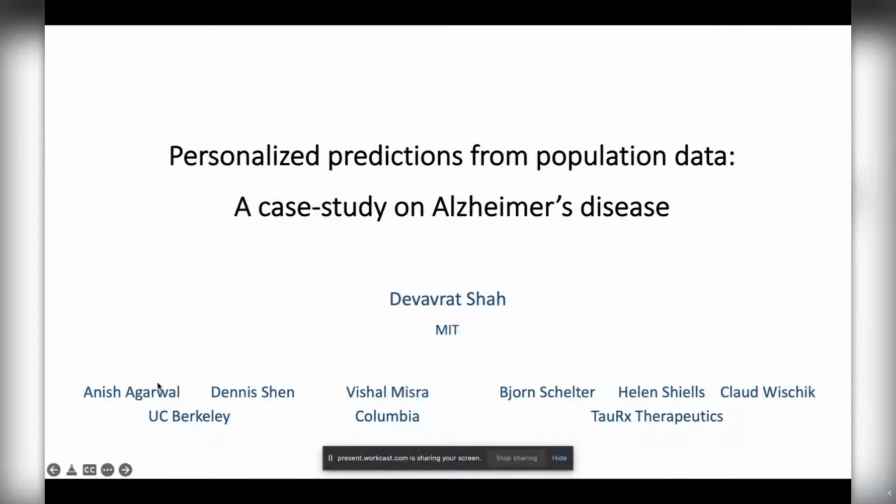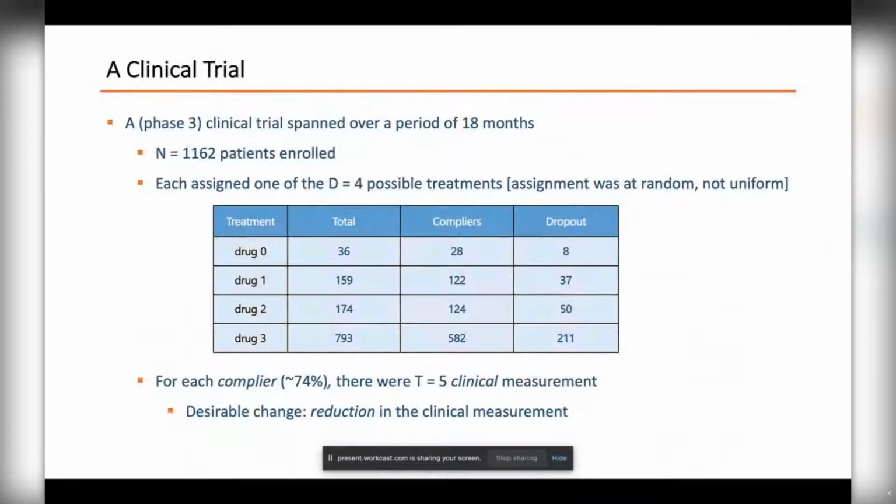This is based on joint work with Anish Agrawal and Dennis Chen, who were former graduates from our department, and now both of them are at Berkeley doing their postdocs, Vishal Mishra, who is a faculty member at Columbia University, and Beyond Shelter, Helen Shields, and Claude Bishik at Taurex Therapeutics. So what I want to do is quickly describe the question, the data set, and the method. My hope is that in 20 minutes or so, I'll be able to get through all of that.